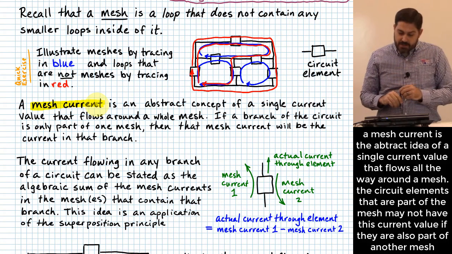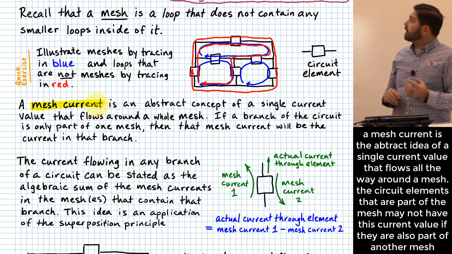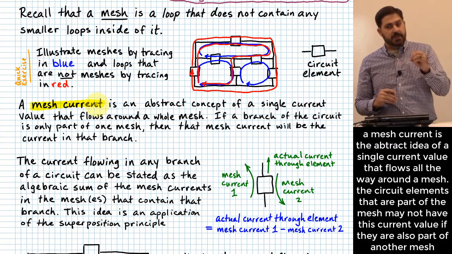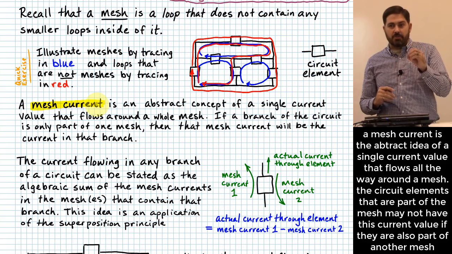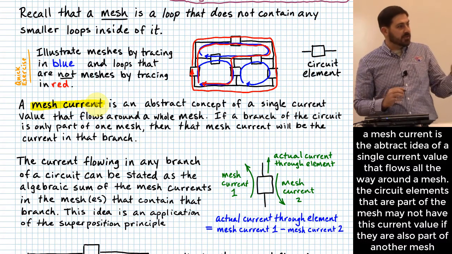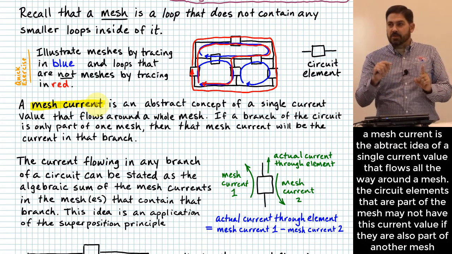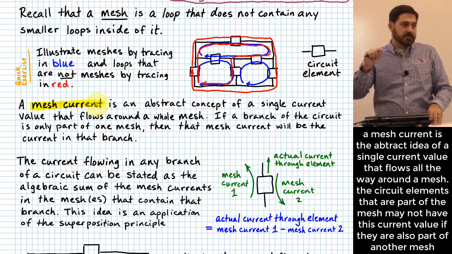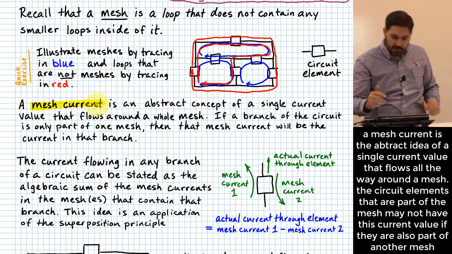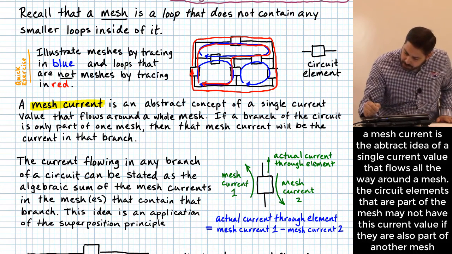So, as a corollary of that, anytime you have an element that is part of only one mesh, it just so happens that the mesh current we've identified will be the current going through that element. An example of that, this element over here.